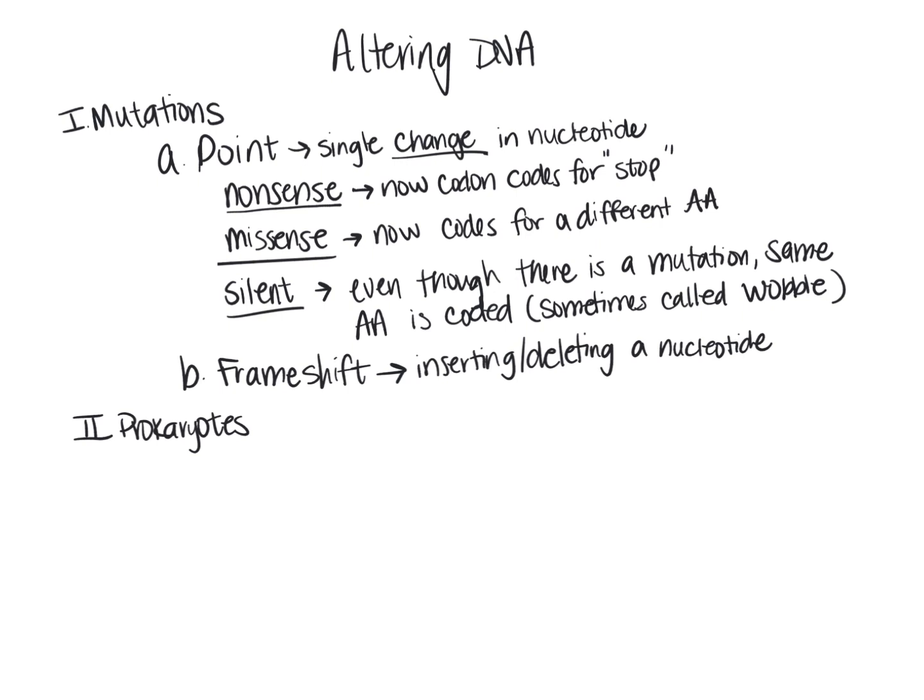There are some ways that a frame shift mutation, in other words, the insertion or deletion of that nucleotide, can cause a nonsense mutation. So just be aware that that's possible. But typically in frame shift, what you're going to see is every single amino acid after the mutation point is now different.